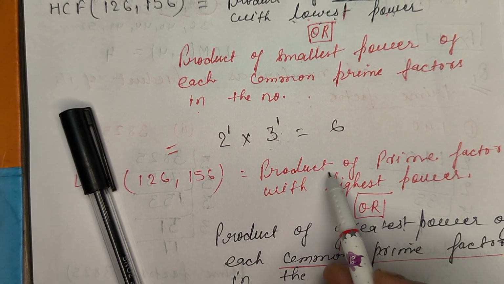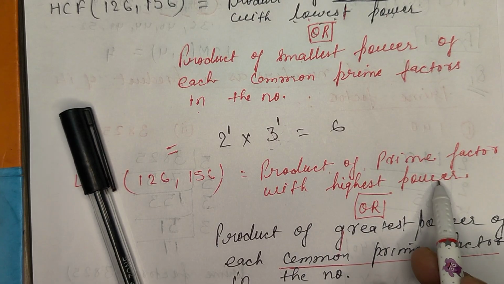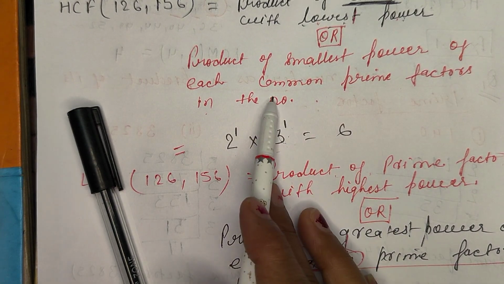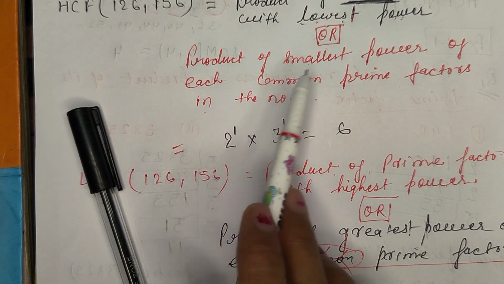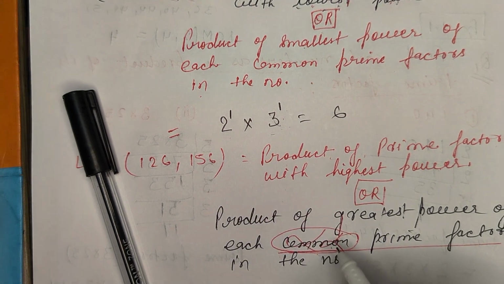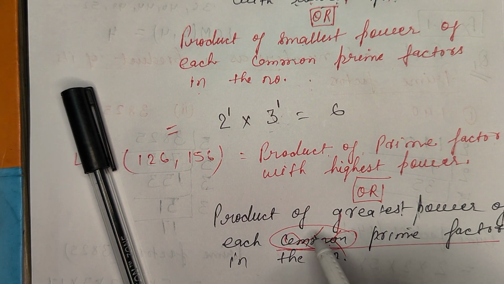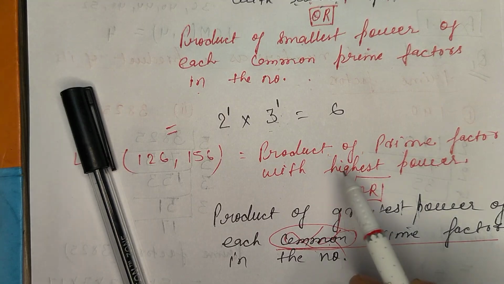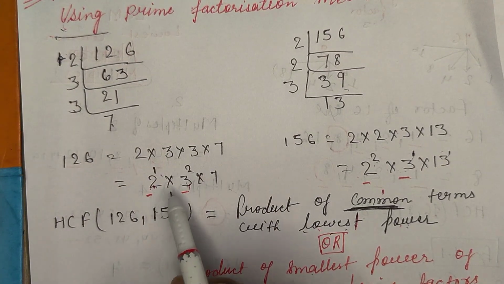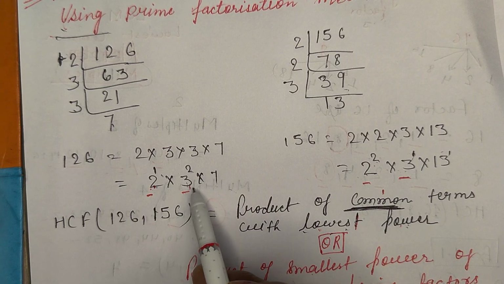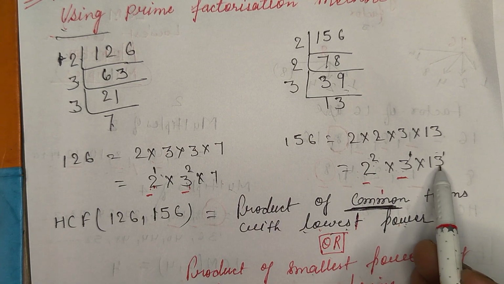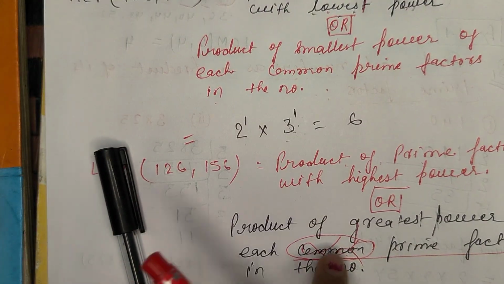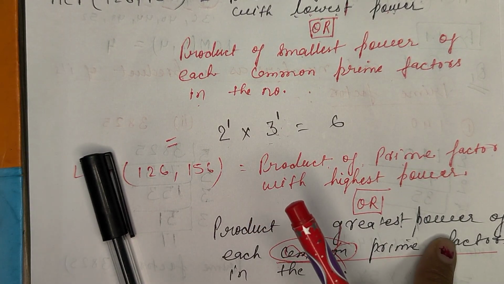In the rule, product of prime factors with highest power, the word common is not mentioned. The word common is only mentioned in the highest common factor, not in the lowest common multiple. So here we have 2, 3, 7 and here 2, 3, 13. These are the prime factors. We take the highest or greatest power.